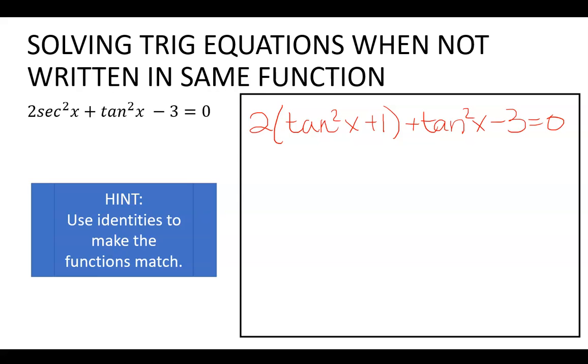Okay, obviously the left side can use a little bit of combining like terms and simplifying. Distributive property first. So 2 tangent squared x plus 2. I'm going to do it step by step so you can see everything done out.